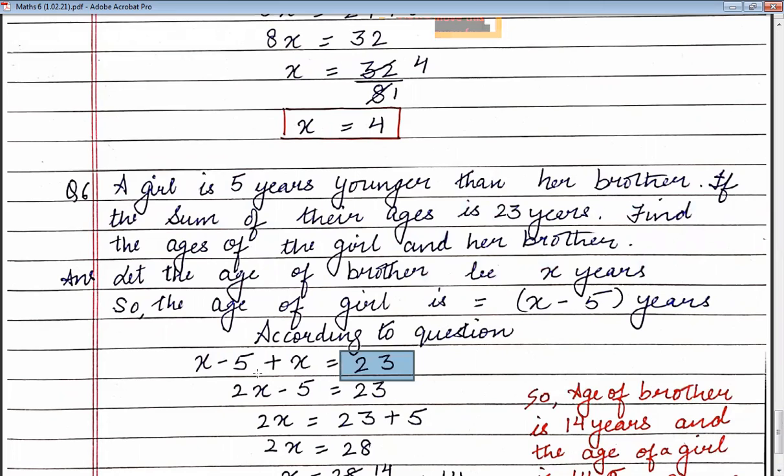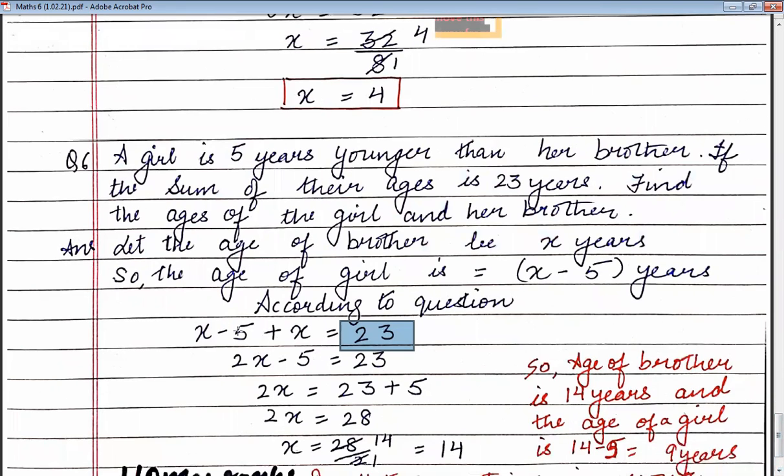So it becomes x minus 5 plus x is equal to 23. Now you just have to solve this particular equation. After this, x plus x is 2x, minus 5 is equal to 23.